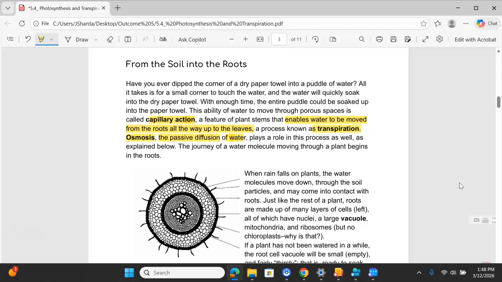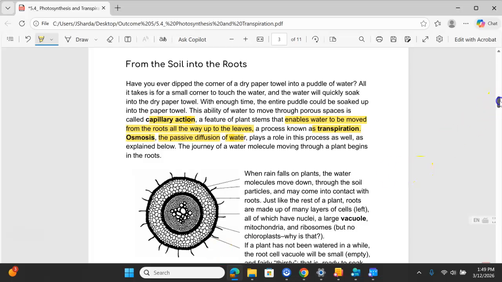The journey of a water molecule moving through a plant begins in the roots. Now this is a cross-section of a root. If you slice it in half and look through it like a straw, this is what you see. You can see that there are multiple cell layers, and outside here, this would be the water in the soil.